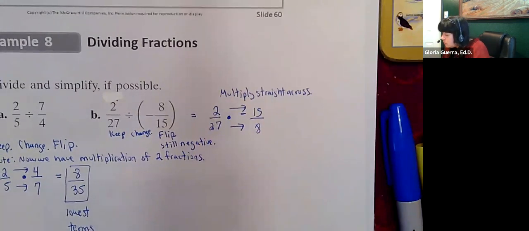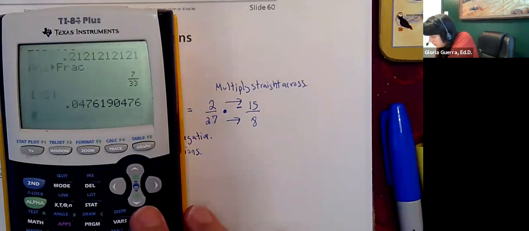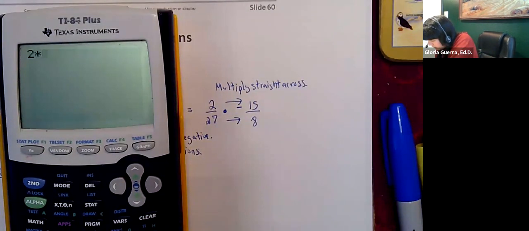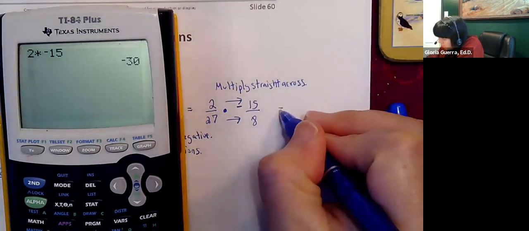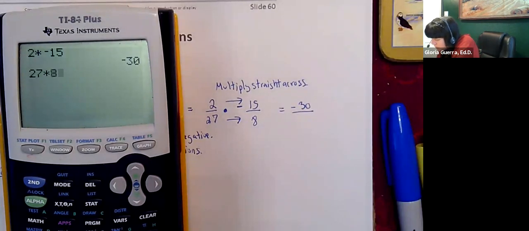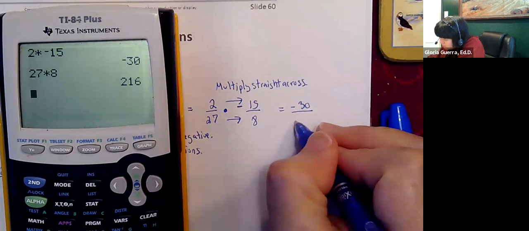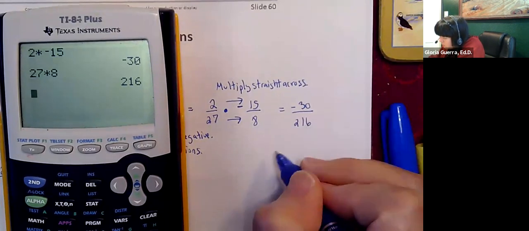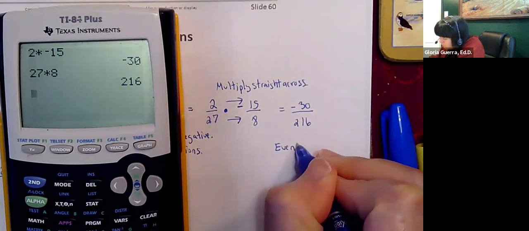So those are kind of big numbers. Let's see, 2 times a negative 15 is a negative 30. And that's a big number here. 27 times 8, yep, it's 216. Okay, and these are even numbers.